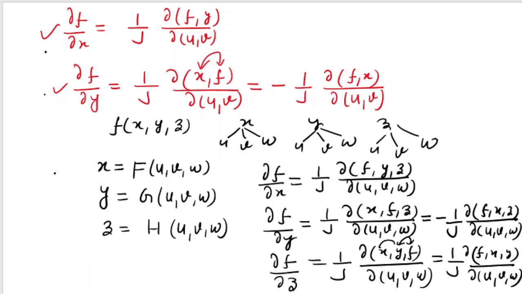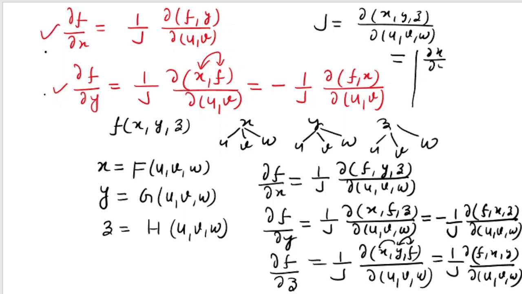And I also believe that you are clear about what this J represents. So first of all, in three variables, the Jacobian of transformation will be J equal to del of x y z by del of u v and w. As per the property, this can be written as del x by del u, del x by del v and del x by del w.